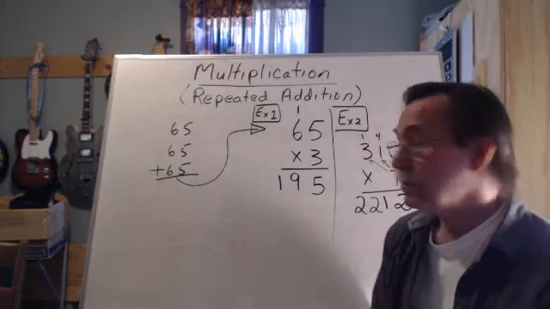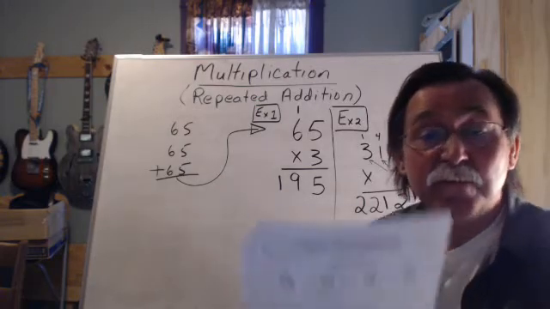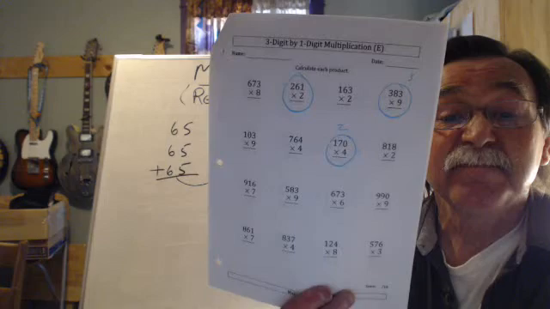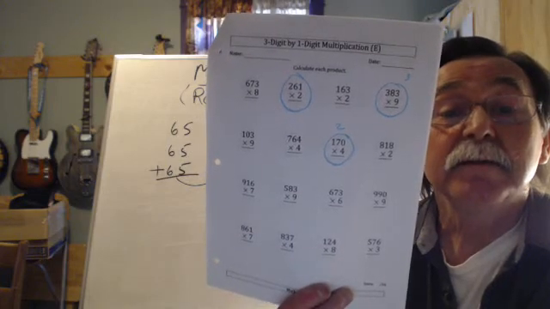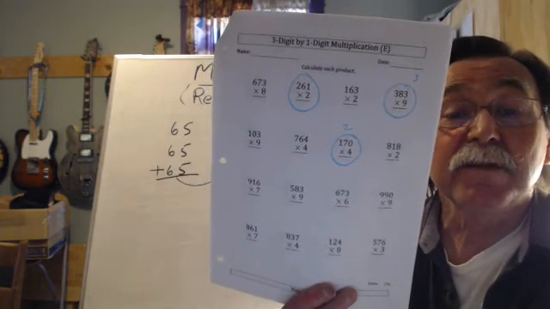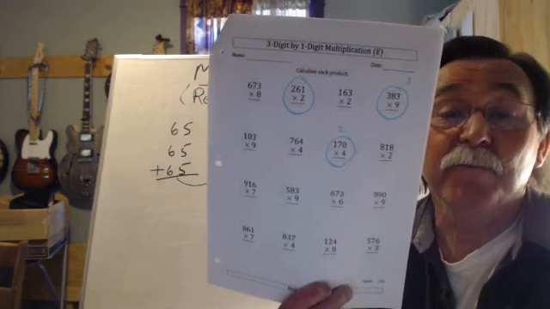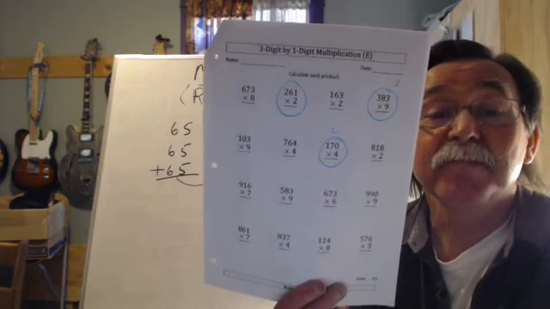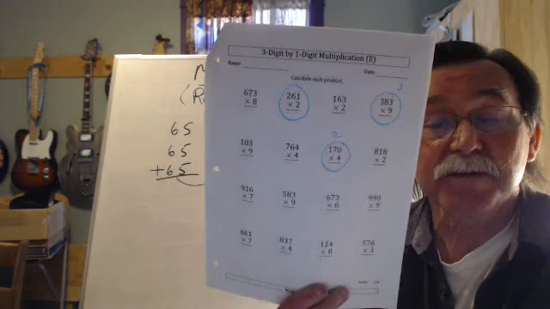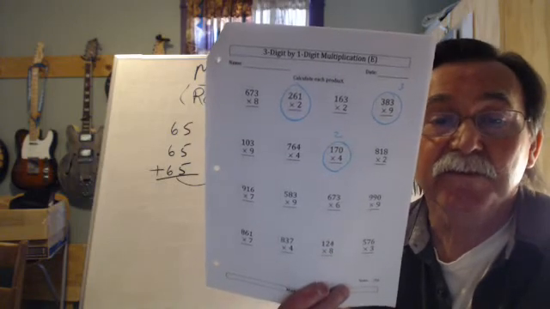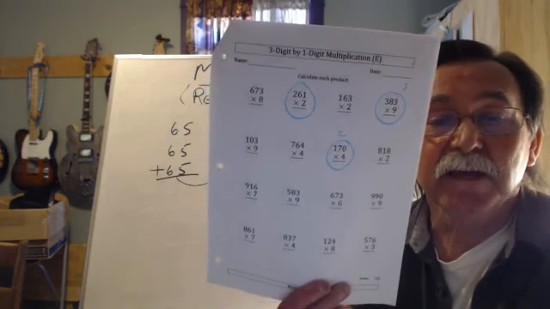So you should be able to do this page. And those three that I have circled in blue, you might want to try those first. Okay? The answers are on the flip side. So try those first and see what you get.